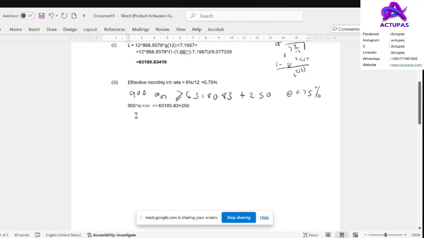So this becomes a_n can be written as (1 minus v to the power n) divided by i, which is 0.0075, is greater or equal to 63180.83 plus 250 divided by 900. And this one you can just copy it from here and put it in Excel.